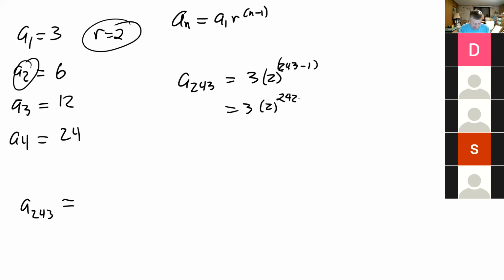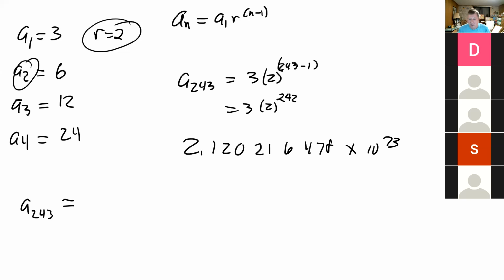So then on your calculator, you're going to go 2 to the 242 power, and then times 3, and I get 2.120216478. Wow. Times 10 to the 73rd power. I get some awful number.